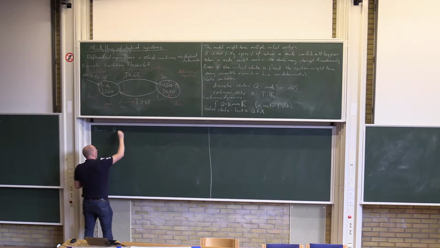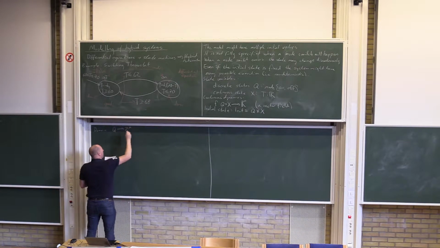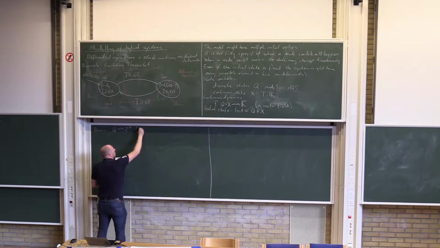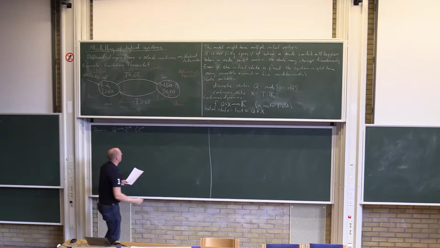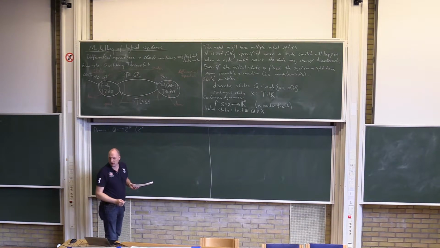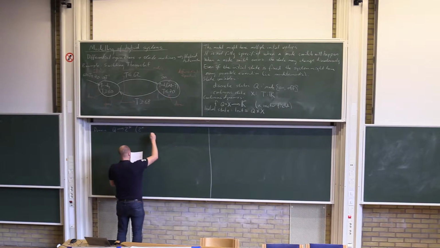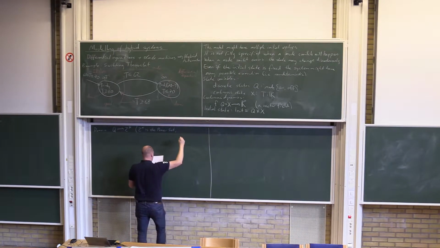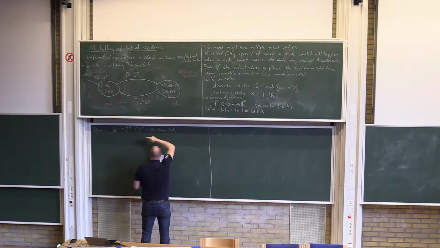For every state we will have something like 2 to the power of X. I think you've seen the notation: the power set, which you can think of as the set of all subsets of X.